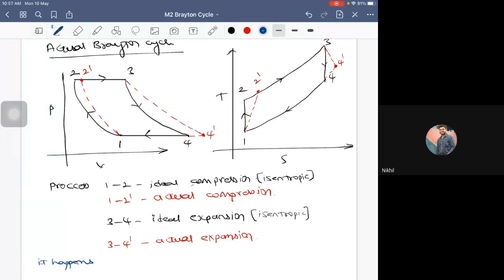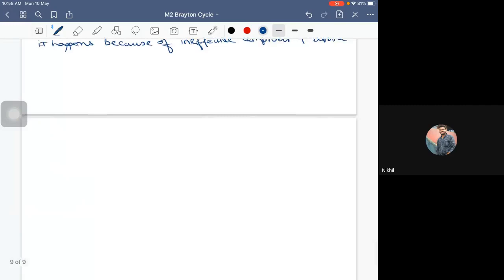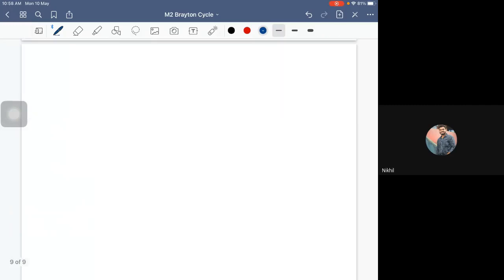I can just say it happens because of ineffective compressor and turbine. Yes or no? Because of the inefficiency of the compressor and turbine, this particular thing happens, isn't it? Now, it's time to define my compressor efficiency and turbine efficiency.